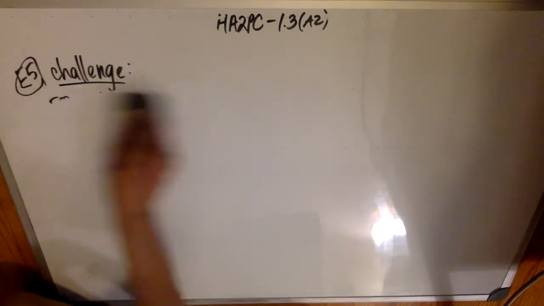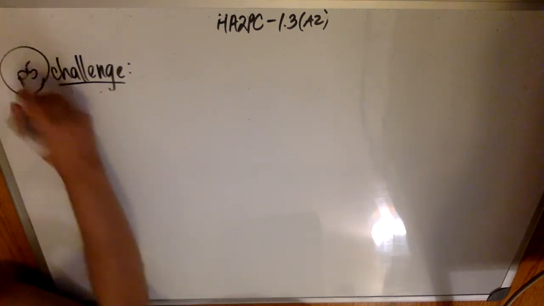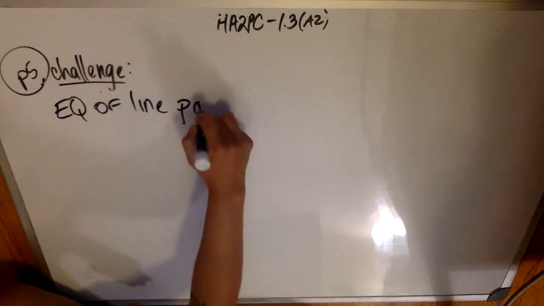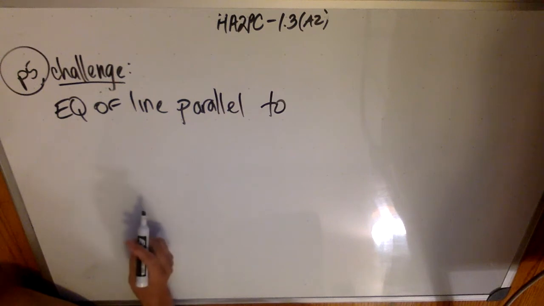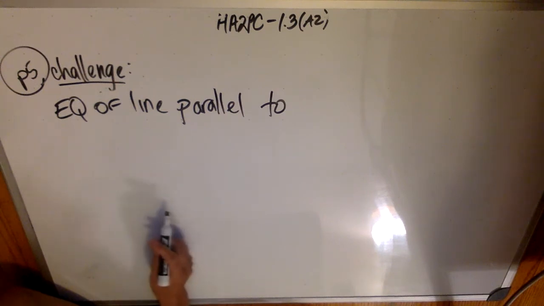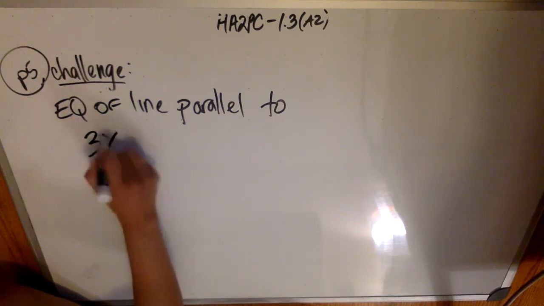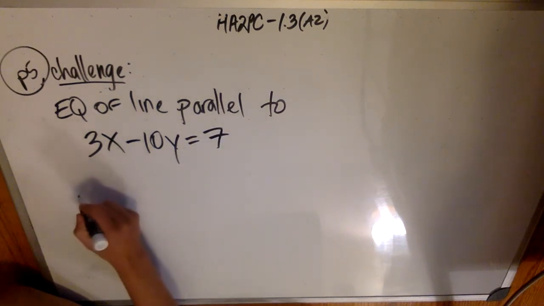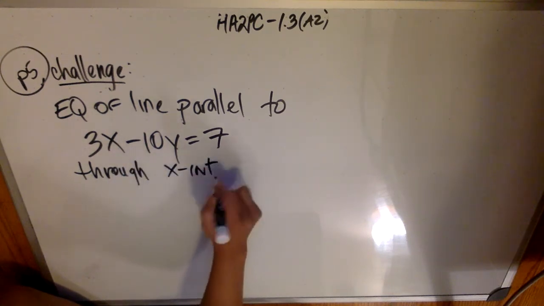Probably shouldn't have erased all of the intro because it's going to be basically the same idea. So P5, okay? So I want the equation of a line that is parallel to, let's do 3x minus 10y equals 7 through, we'll do through the x-intercept again.